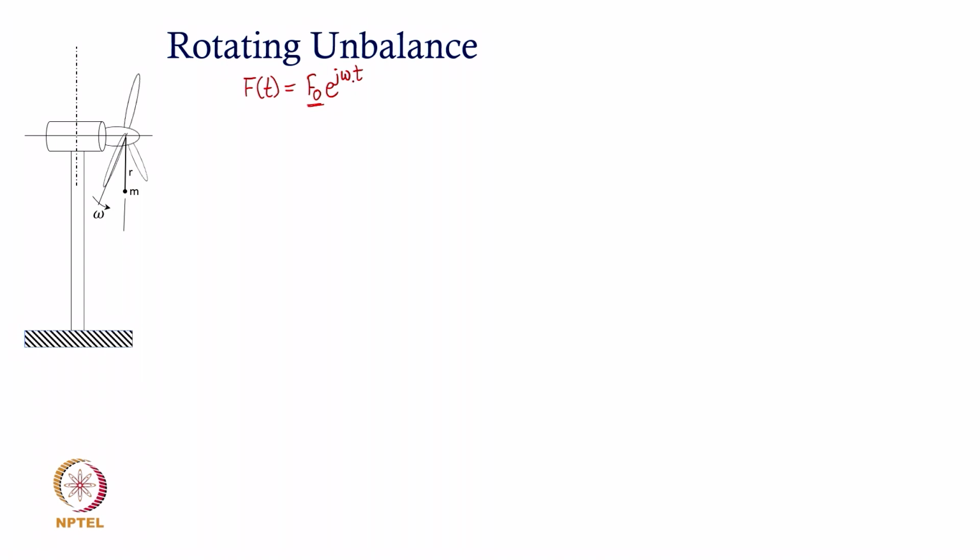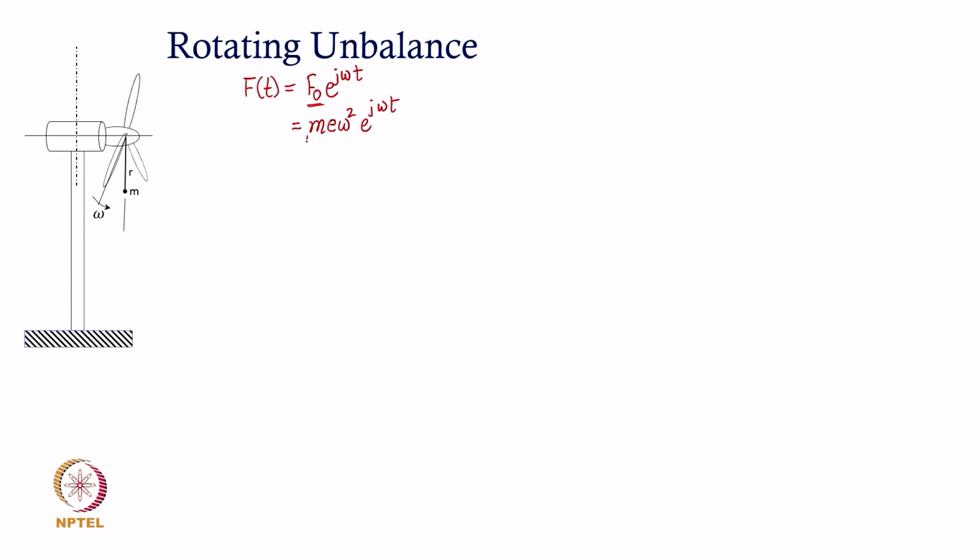But we all know that whenever we account for the excitation due to the unbalance which is rotating with the shaft, the amplitude of that excitation force is typically written as m e omega square e to the power j omega t.